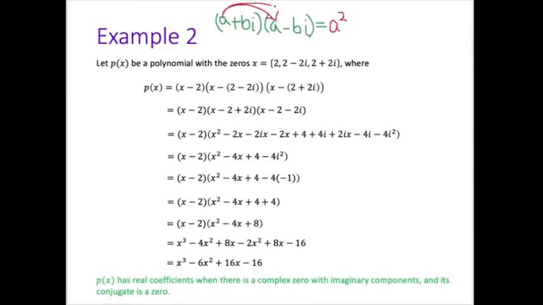We have a times negative bi, which is negative abi. We have bi times a, which I'll write as abi. We can move these around because of the commutative property of multiplication. And then bi times negative bi is negative b squared i squared.